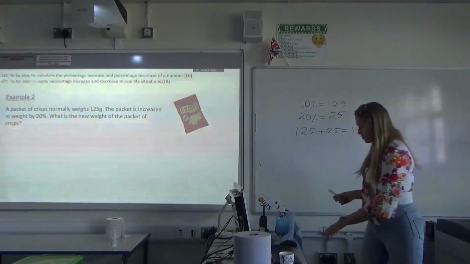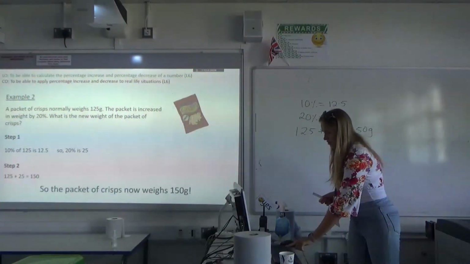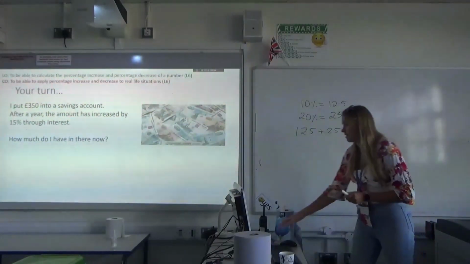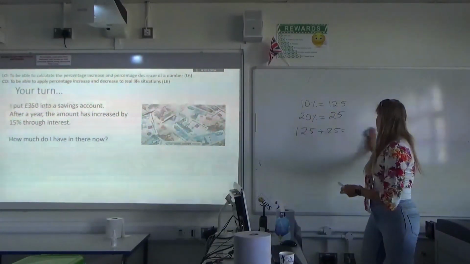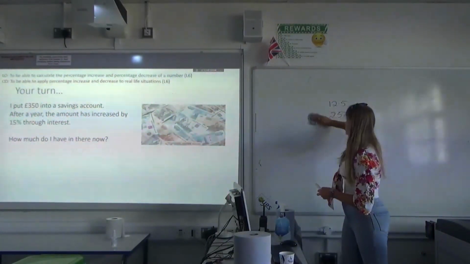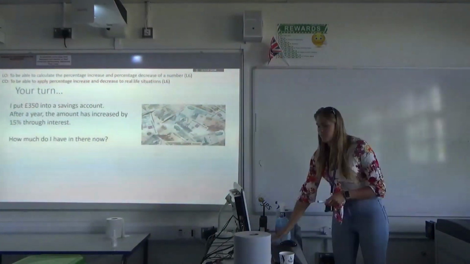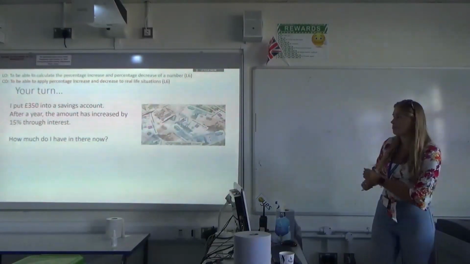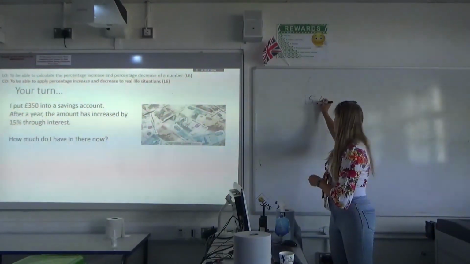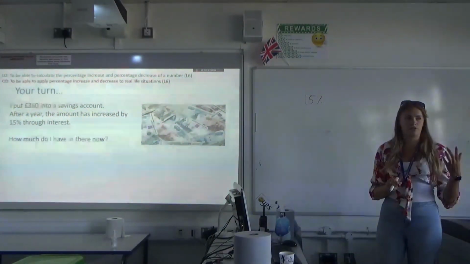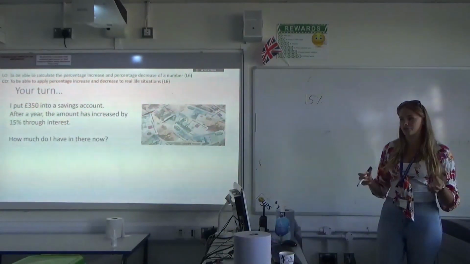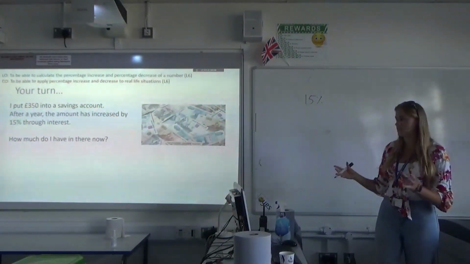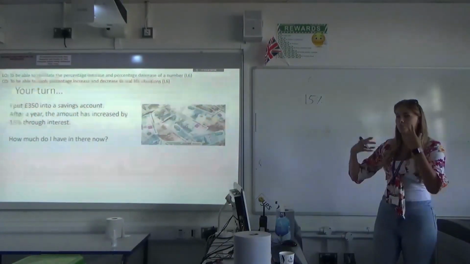Okay? The next one I'm going to show you, we're going to show you how to do it with a calculator. So you can use the online calculator, and I'll show you how to type that in. But what you want to do is find something called the multiplier. Okay? So we want to look at our 15% first. Because we're increasing, we want to add it to 100%. Okay, so we're getting bigger, we still want that whole amount, and we want a bit more.